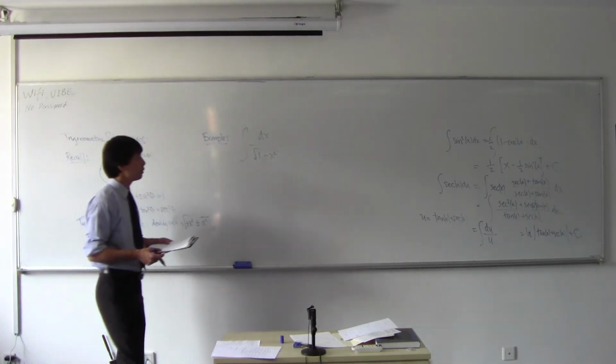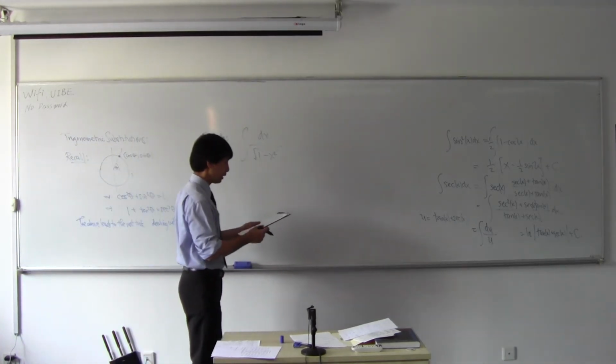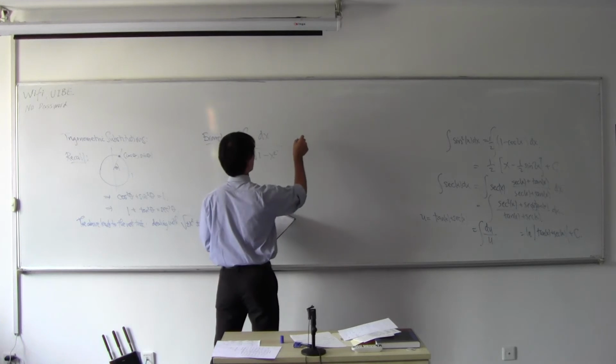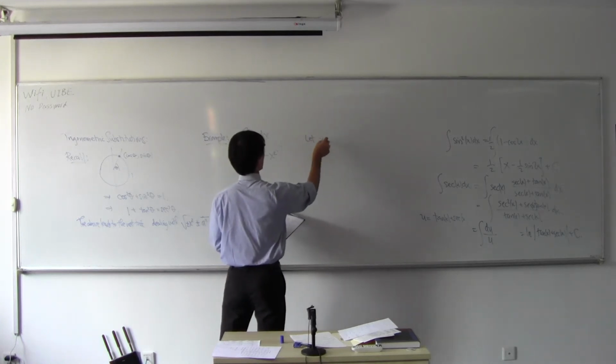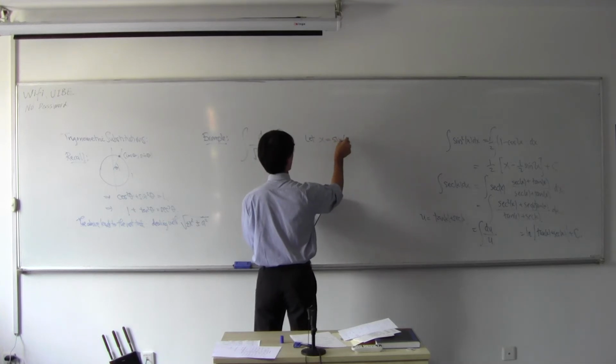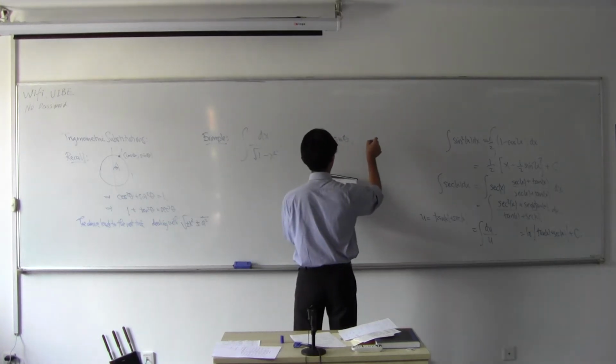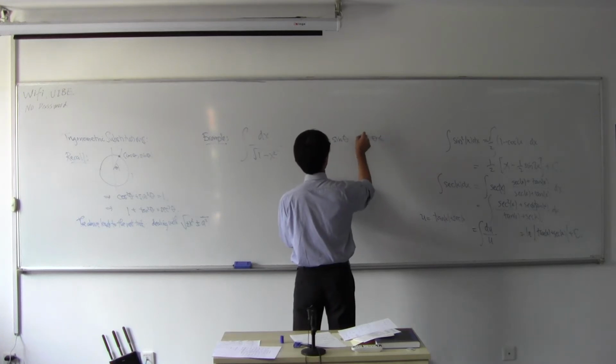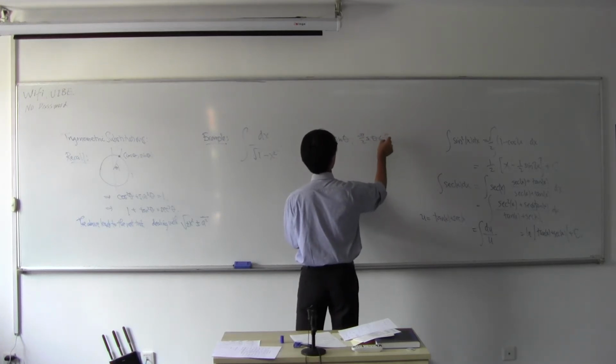What we're going to do is the following. We'll say, let x be sine theta, where theta ranges between negative pi over 2 and pi over 2.